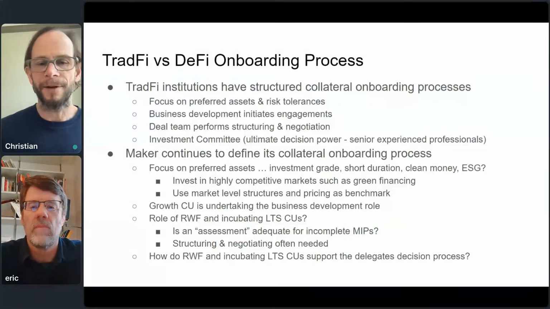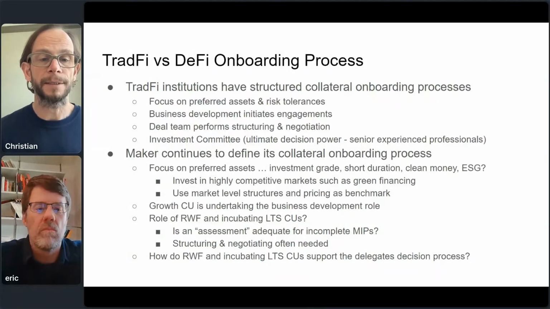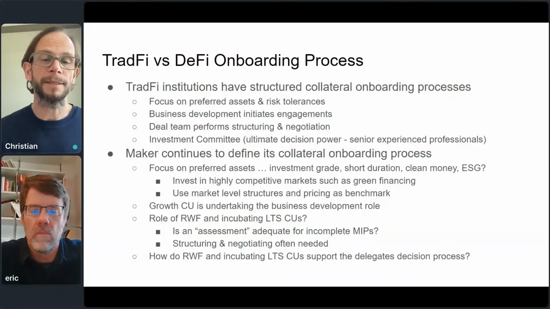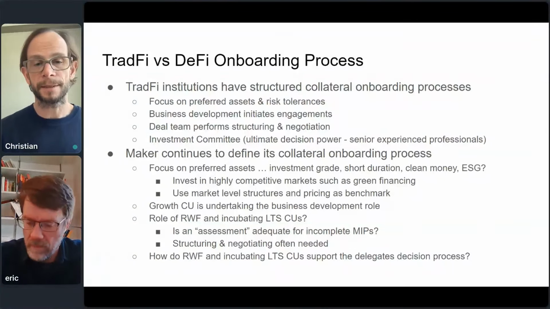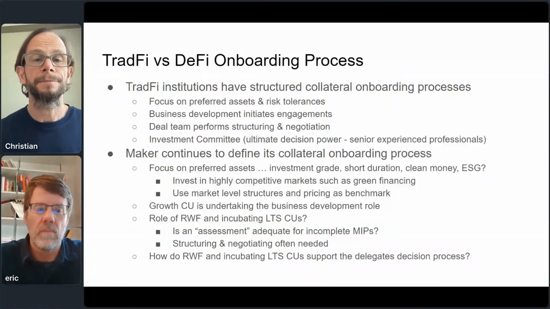We're trying to find our way to support the delegates and the community in the decision-making process. So it's a continual process. We're not perfect, but we want to get to a place that has a little more structure and can give the community and the delegates confidence that there is a structure that we're following. Next slide.